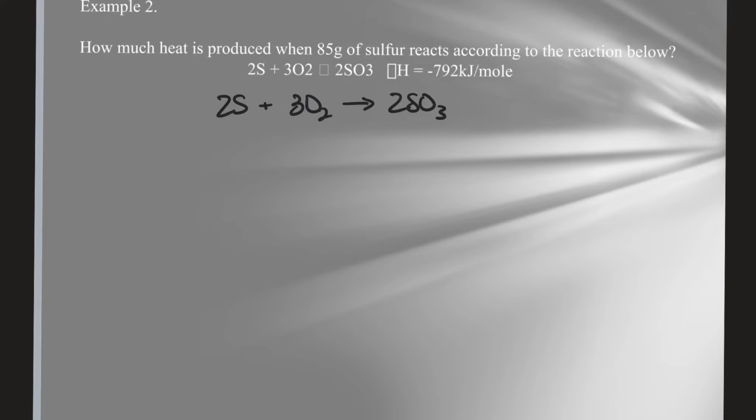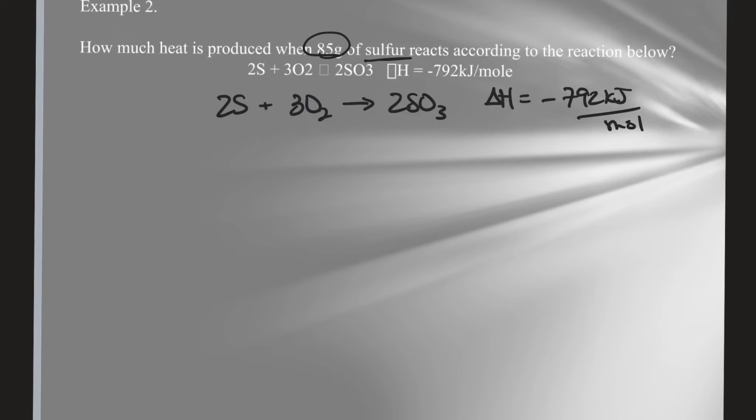The delta enthalpy for this overall reaction, the delta H of this reaction, is negative 792 kilojoules per mole. Now, we're trying to figure out how much heat is produced when 85 grams of sulfur reacts.